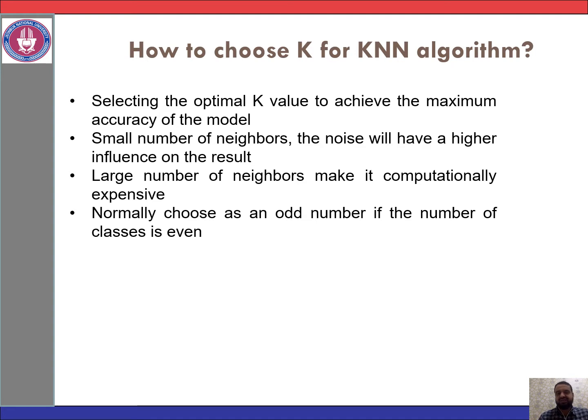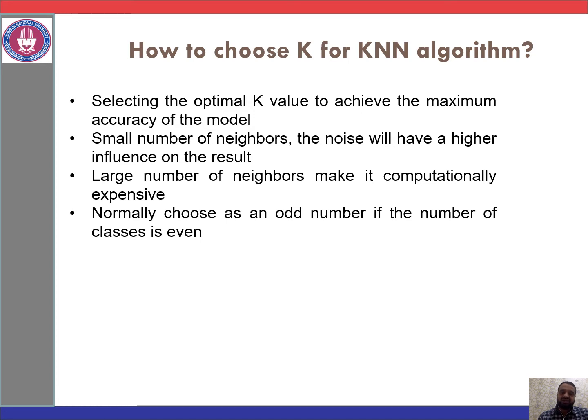If we choose a large number of neighbors, then it becomes computationally expensive, and also it can lead to misclassification. So normally there is no hard and fast rule, but if there are an even number of classes, people select k as an odd value.